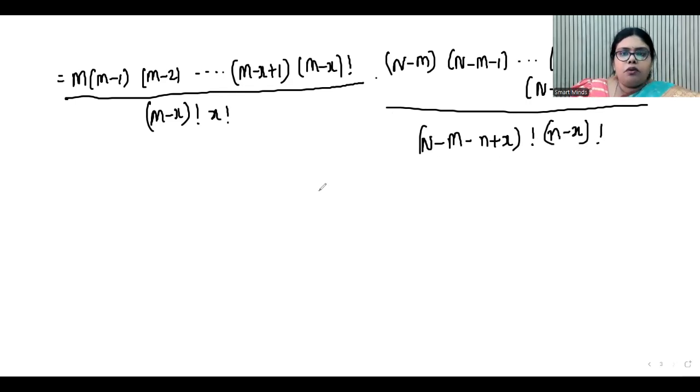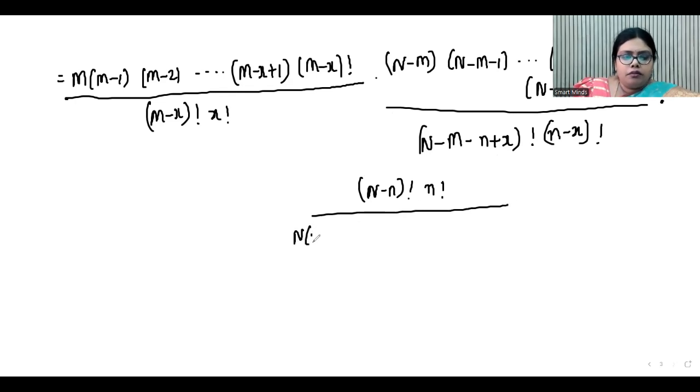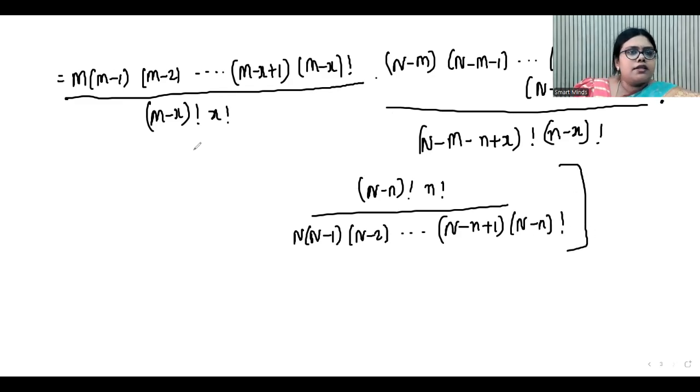Then there is one more term. What is that term? Into (N minus n) factorial into n factorial by N into (N minus 1) into (N minus 2) into so on up to (N minus n plus 1) into (N minus n) factorial. From here to here, this is only one step. Understood? We are expanding three terms here.